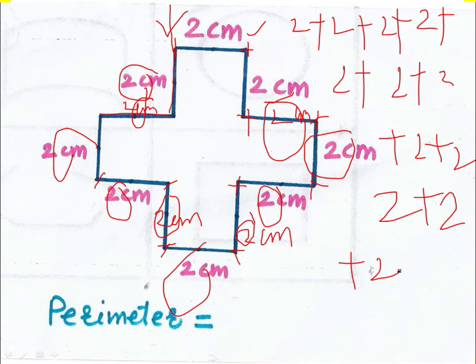So in this way we have taken all the 2's together in order to calculate the perimeter of this shape.